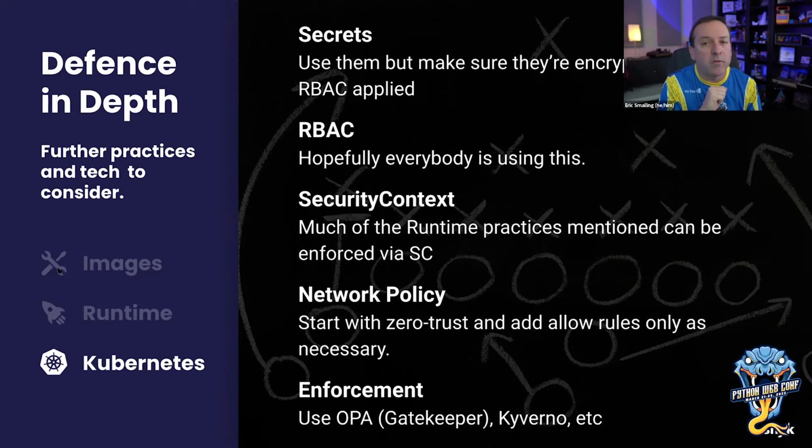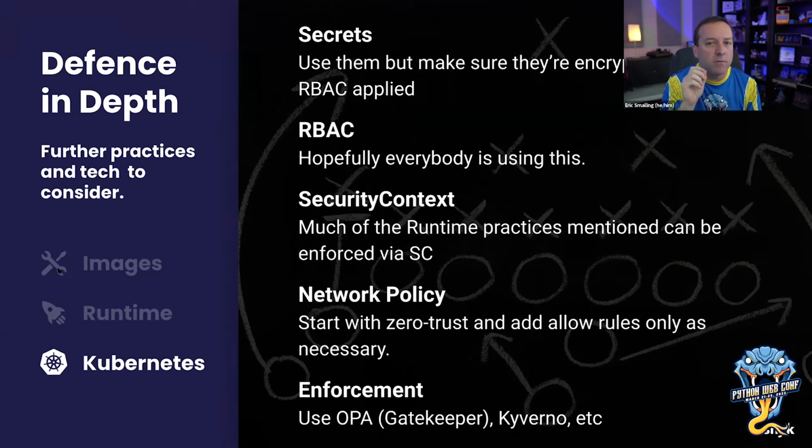You should use role-based access control in general. It's just good. And security context, this is the API to do a lot of what I just showed you on the runtime slide. There's a lot of things you can do here to restrict the containers and the pods that run them, and I don't have time to run through this all. But that's where you would apply most of those things.